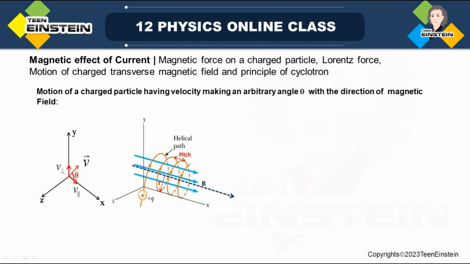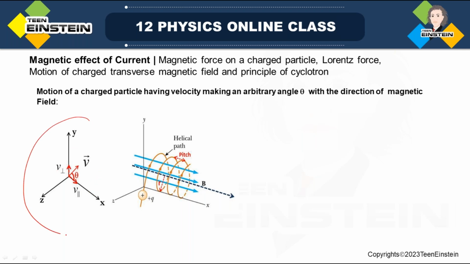Earlier we had seen that the magnetic field and the velocity vector of the charged particle make an angle theta equal to 90 degrees. But suppose this is not 90 degrees. If the charged particle enters with a certain velocity, making an angle theta with the magnetic field direction.